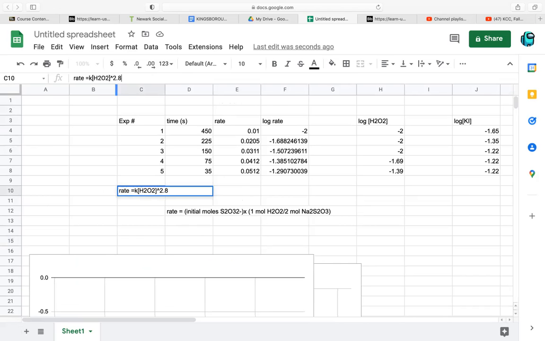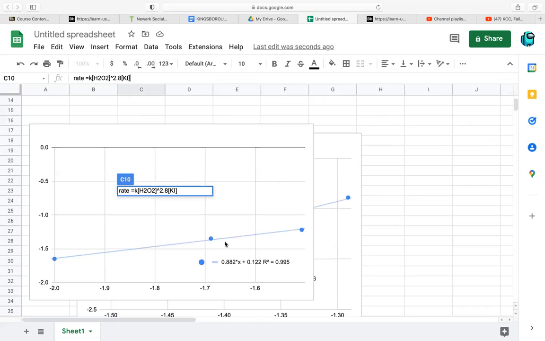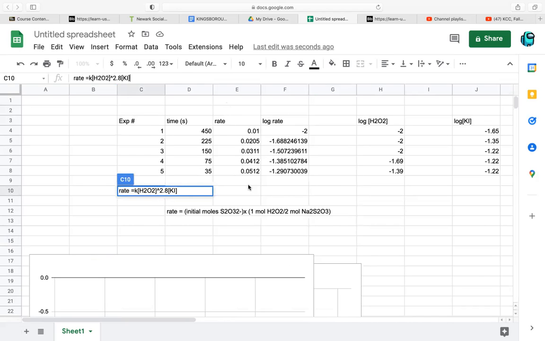And then it's times the concentration of Ki. And then you come back to the Ki graph. And the Ki graph is 0.882, 0.82. Okay. So now you got your rate law, right?